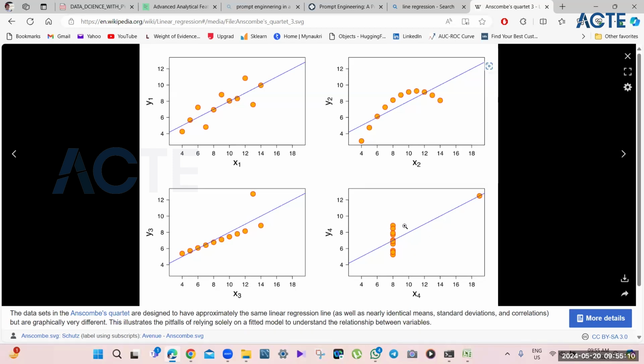So this is clearly not an example of a good linear regression problem. Here we should come up with a polynomial equation, a different type, not a line. Non-linear regression is something that we have to do. So these are a few of the interesting things.